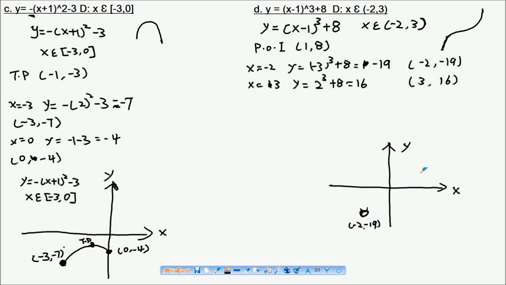And the other point is 3, 16, so let's put it here. The point of inflection is 1 and 8. There. This is the point of inflection. Okay, so the graph would look like that.